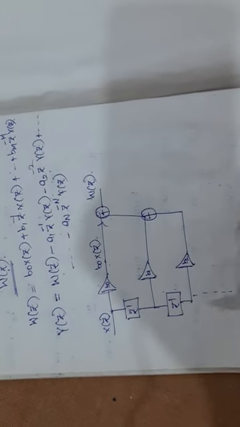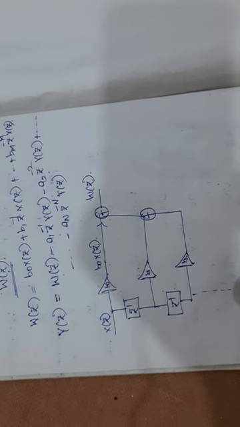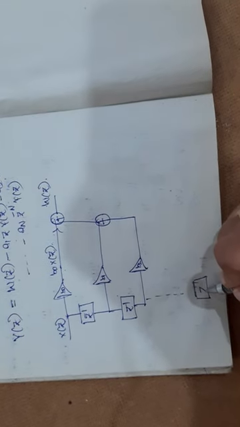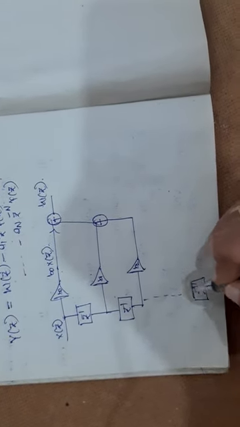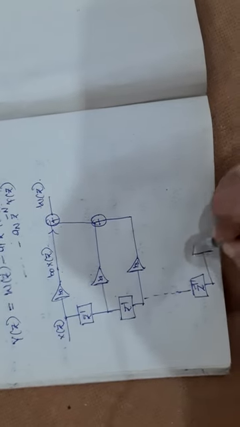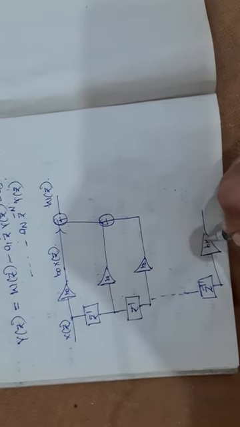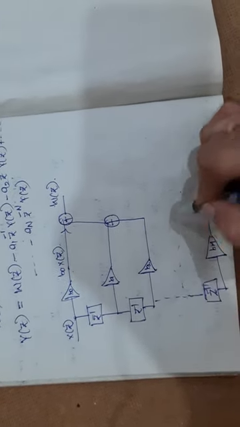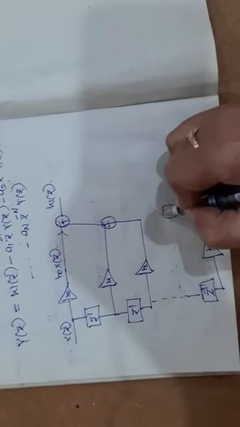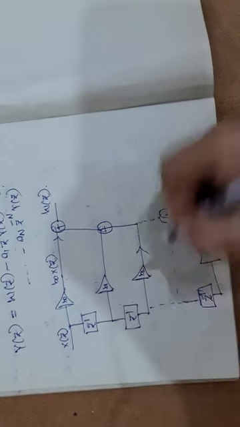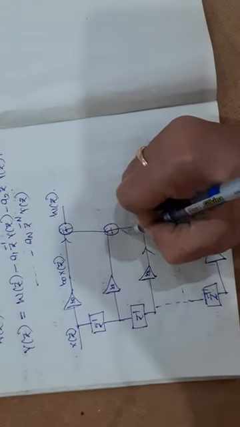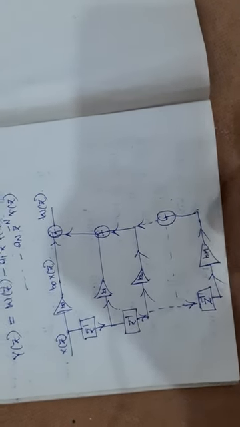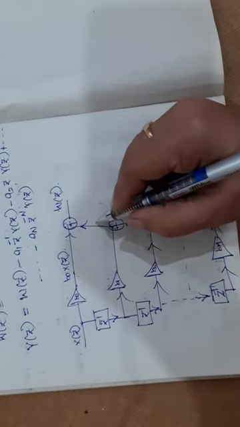So like this, Z power minus 1, and this is multiplied with BM, this is added to before and this is added like this. So here the directions are like this. Okay. So this is the first W of Z equation.